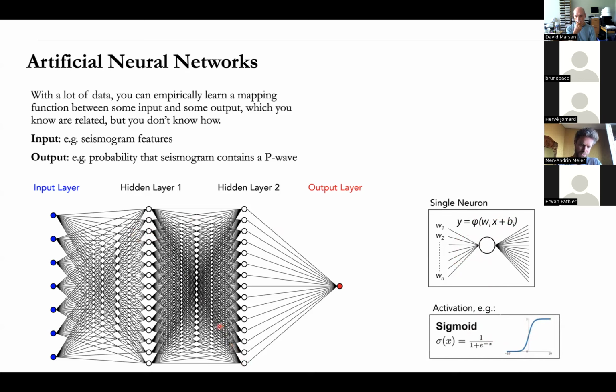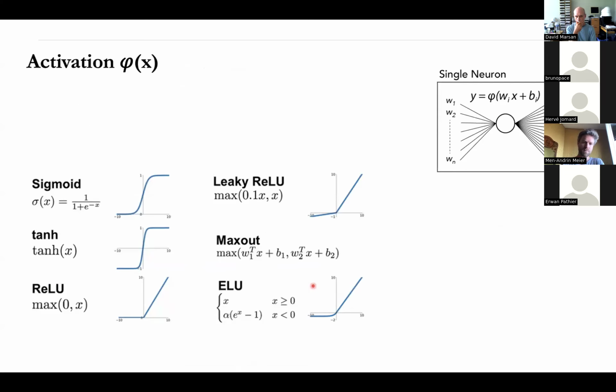Here you do the same, just with different weights. And at some point, you have an output layer that will just be one number. And that could be, for example, the probability that your input signal is a P wave. Here's a couple of different examples of commonly used activation functions that introduce this nonlinearity into the network. And so rectified linear units, for example, have a kink and they just return the input value if the input value is larger than 0, and 0 if it's a negative input.